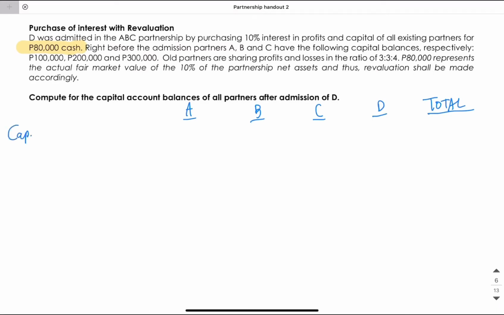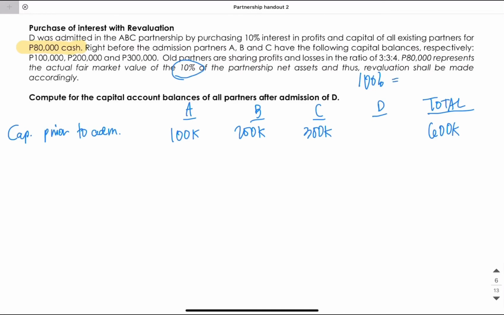Okay, capital prior to admission. So 100,000, 200,000, and 300,000. Okay, so total of 600,000 pesos. Now, since 80,000 represents the actual fair market value of 10% of the partnership net assets, we have to compute for the actual fair market value of the 100%.